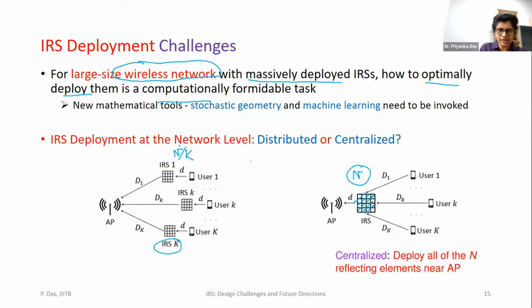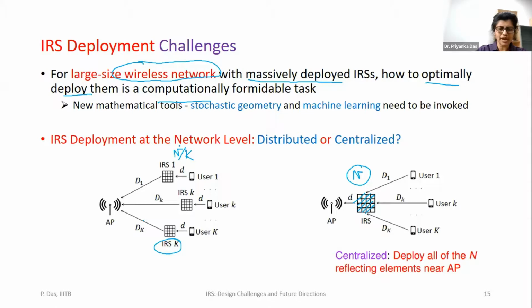The total number of IRS elements still remains n, but you just divide them and place them suitably, close to the users, and let the user pick its closest IRS to transmit to the AP. This is the distributed scheme.